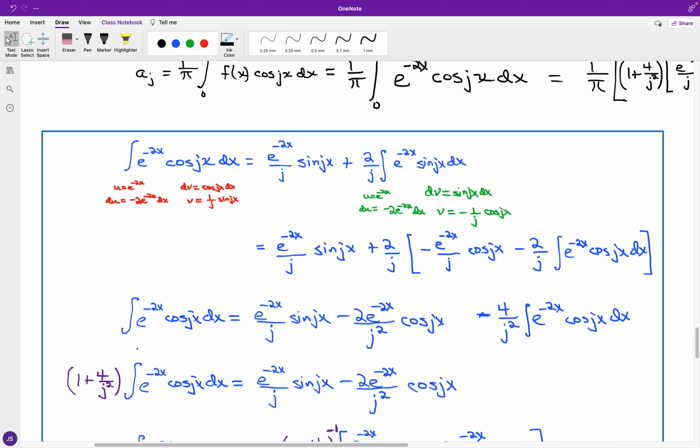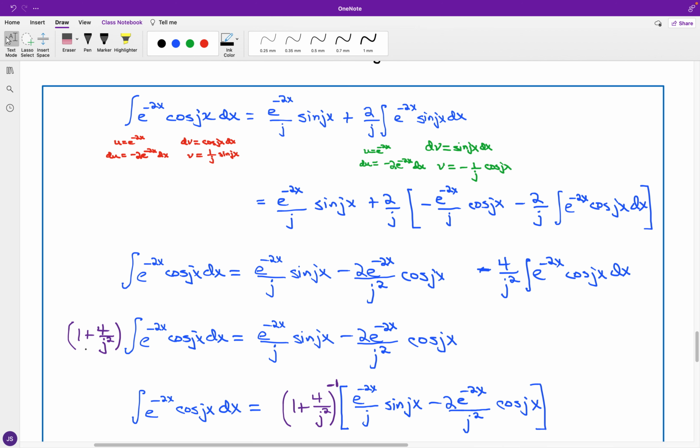And if I combine like integrals together, so I can say that I have the quantity 1 plus 4 over j squared times the integral of e to the negative 2x cosine of jx dx is equal to these particular terms, and then isolating, I can take the multiplicative inverse of this coefficient.